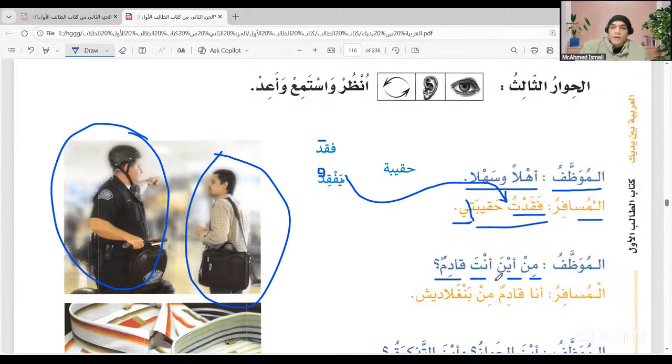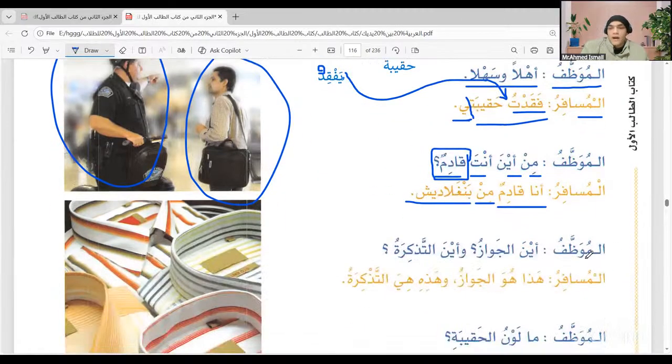I just said قادم before, it's اسم فاعل, which means he's coming. So من أين أنت قادم means which place, or from where are you coming. So المسافر says أنا قادم من بنغلاديش, I'm coming from Bangladesh.